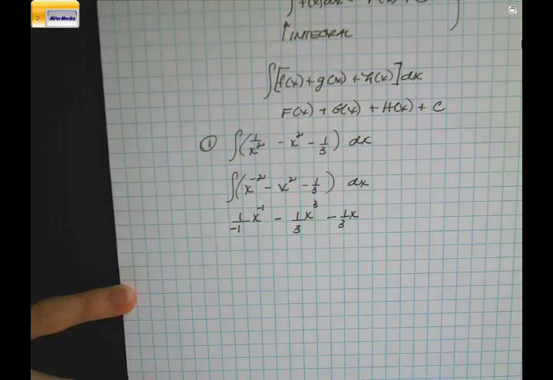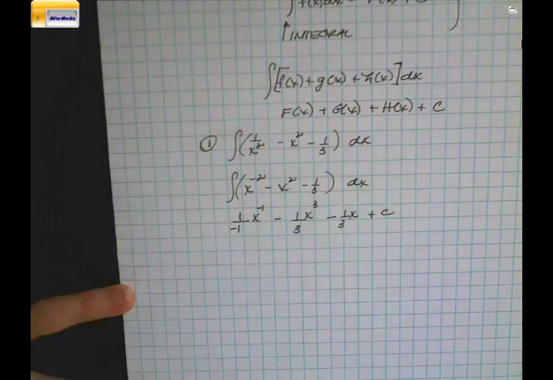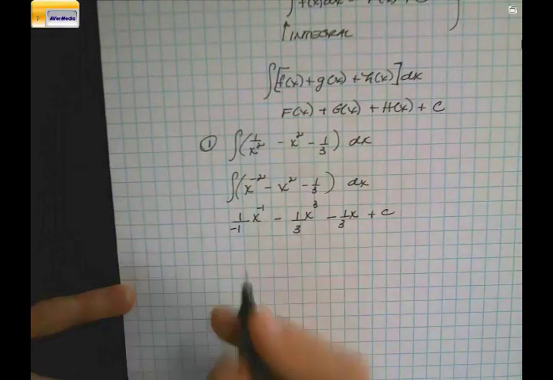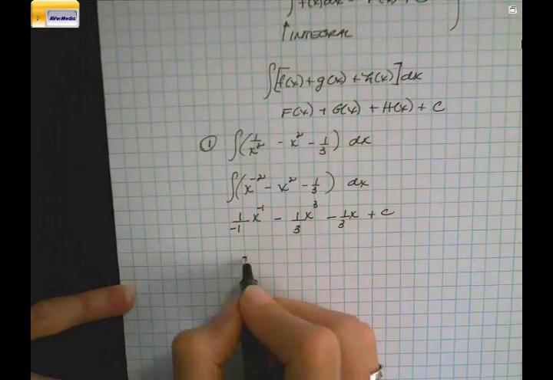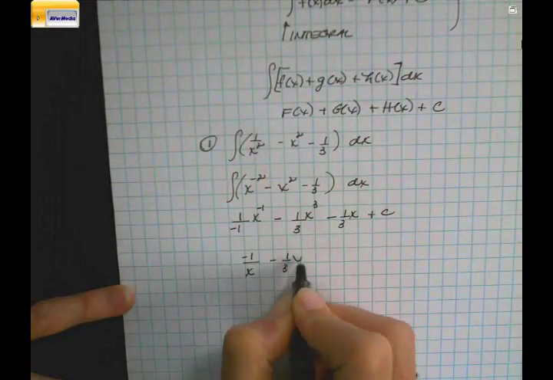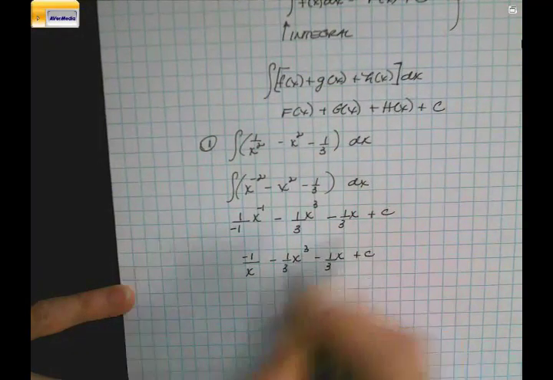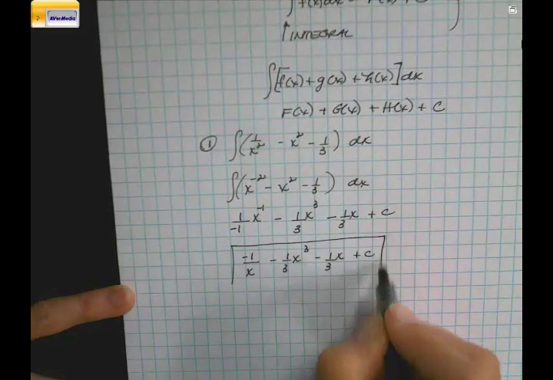We've not done that one, but the integral of a constant is the constant times x. So this is an interesting looking answer now: negative 1 over x minus 1/3 x cubed minus 1/3 x plus c.